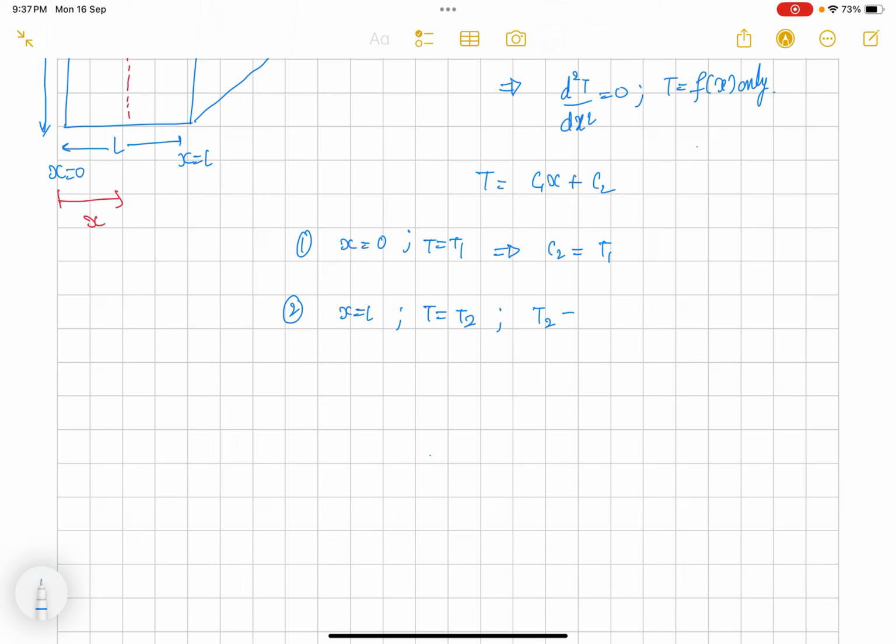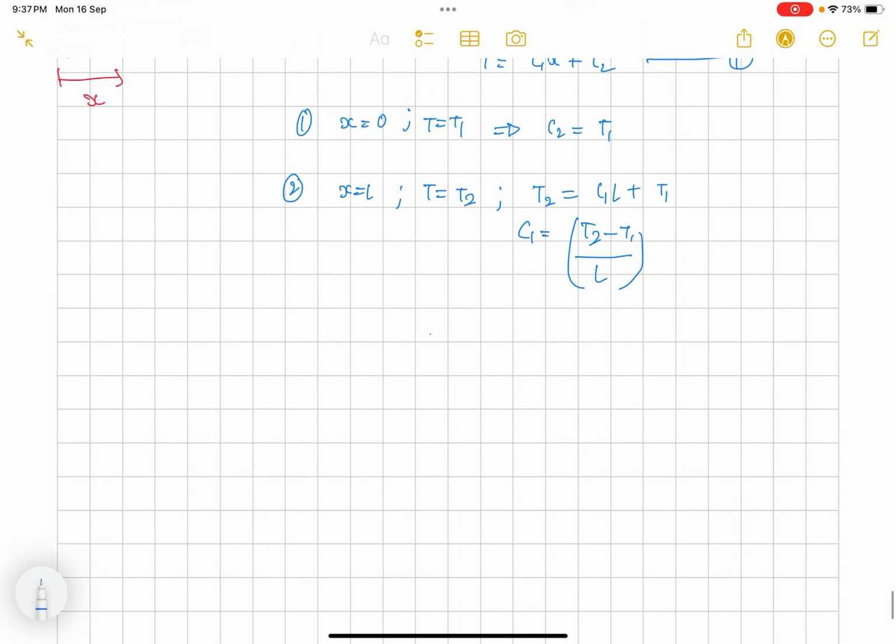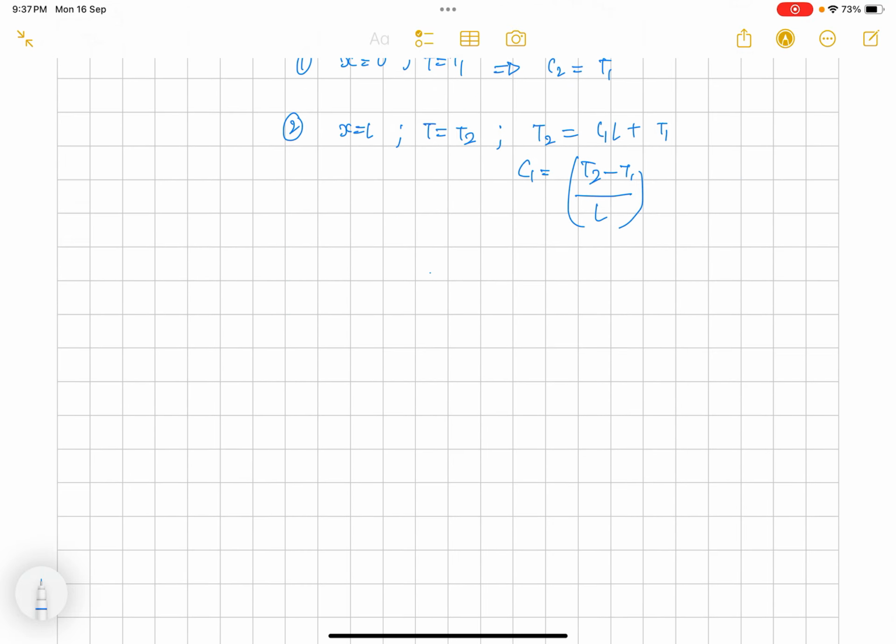We can find T2 as C1 times L plus C2, which is T1. So we can find C1 as (T2 minus T1) divided by L. Putting these two values of C1 and C2 in equation 1, we have this distribution.